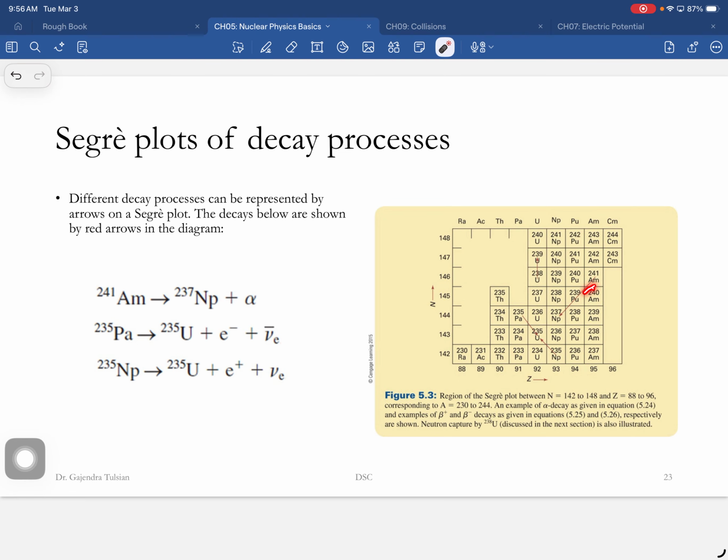So in an alpha decay, you're going down like that. When an electron is emitted, you're going like that. When a positron is emitted, you're going like that. That's what it's showing you. All right, that's the Segrè plot.